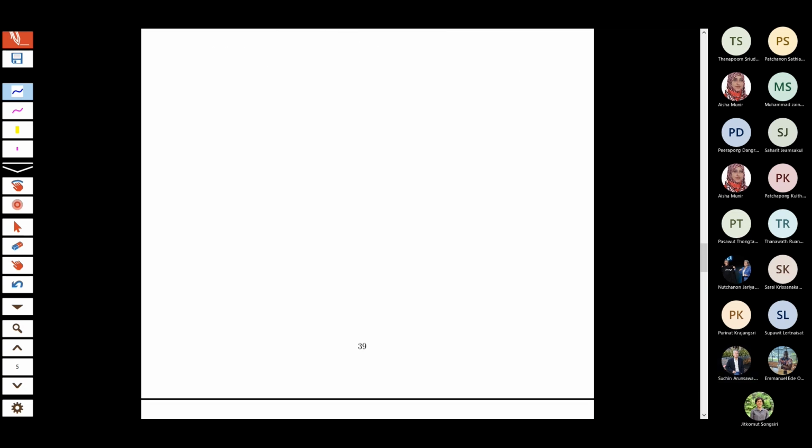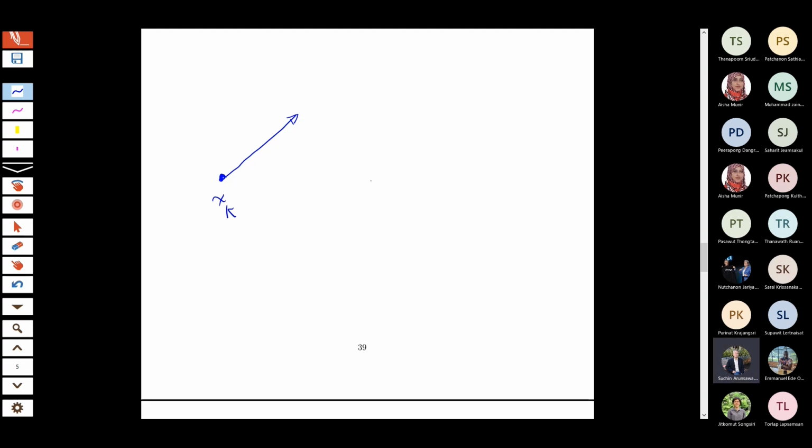For example, xk is a current iterate. At this point in Rn space, we make a move along a direction, which we will call the search direction sk.